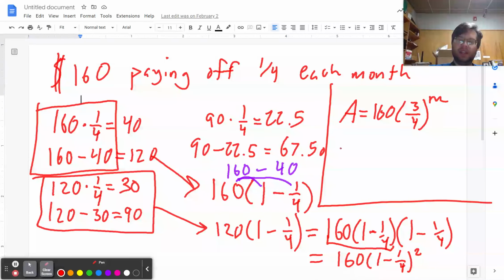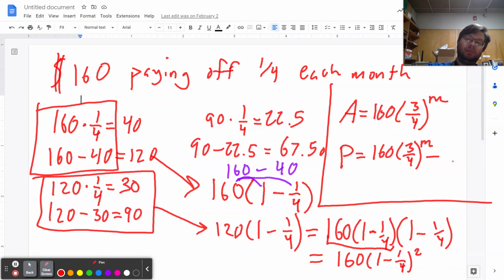I want to point out that if you ever want to know how much you paid, you're asking what the change is. And so that's always going to be taking 160 times 3/4 to a certain month and subtracting what was in the previous month, or what was in the next month there. So you can do it 160 times 3/4 to the m minus 1.